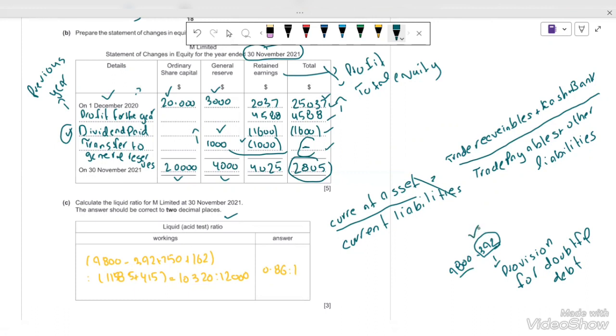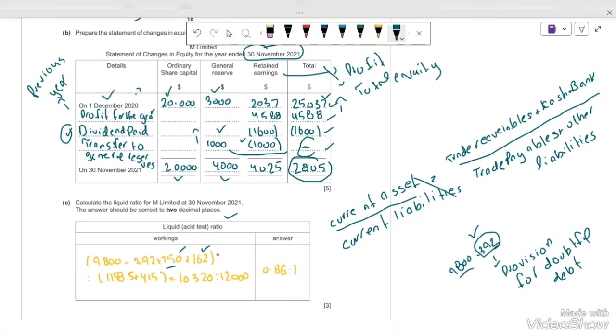So 9,800 minus 392, and this 750 was our current asset from the rent and rates, and 162 was the balance in our bank. So that is why it is also our current asset.